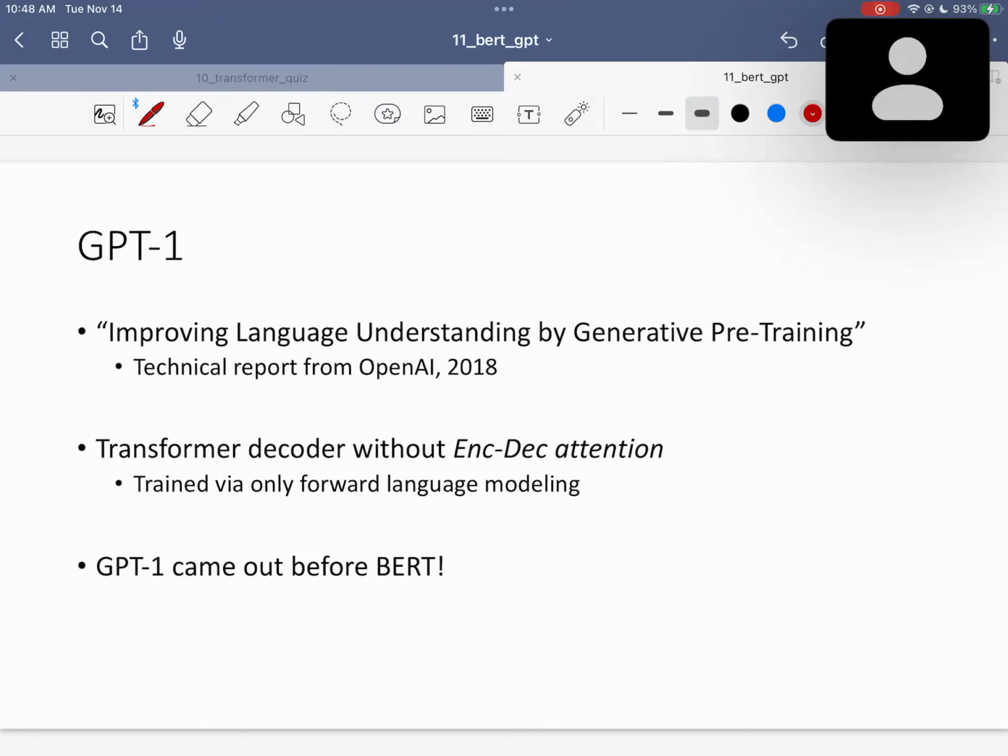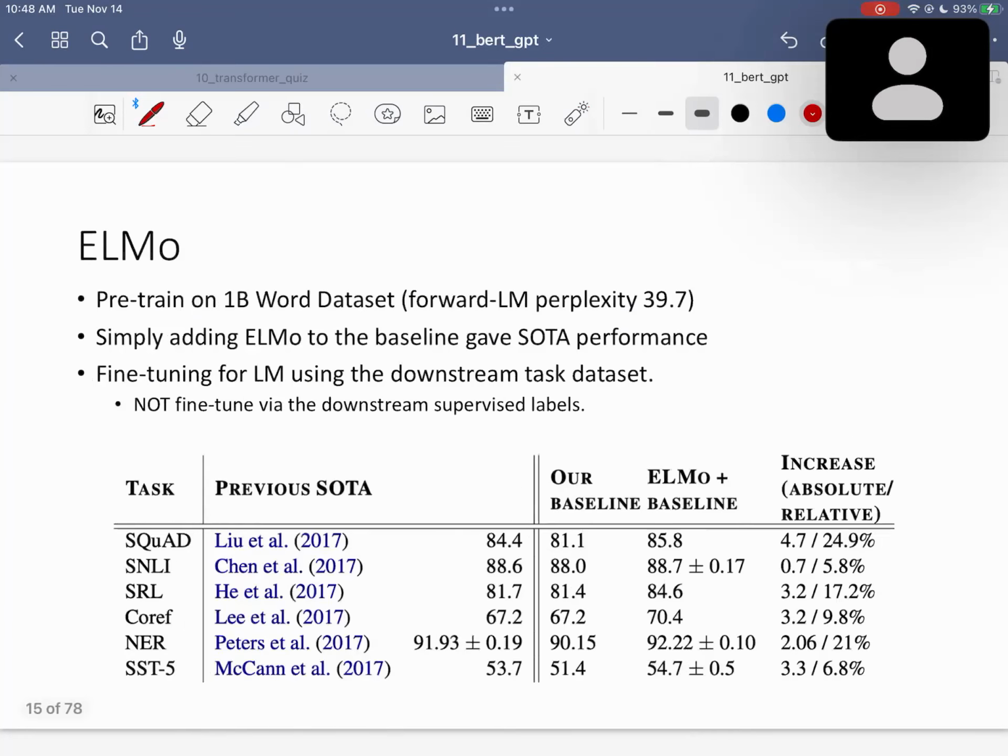Question: may I ask why the baseline and previous SOTA performance values are different in the same model? What do you mean? Are you talking about this? I think it's because the ELMo team re-implemented the baselines.